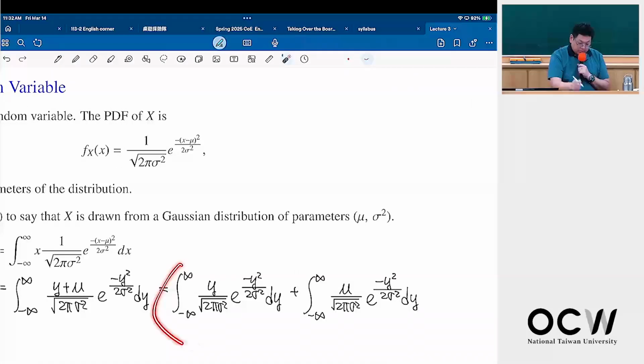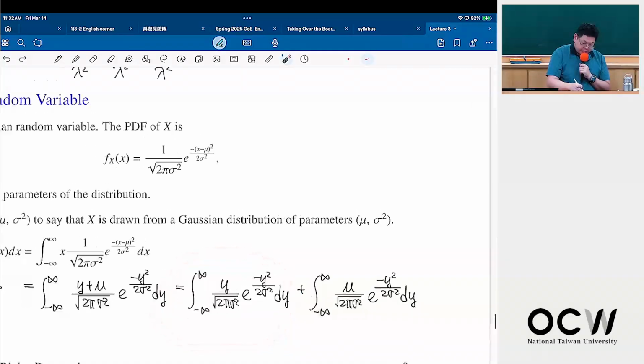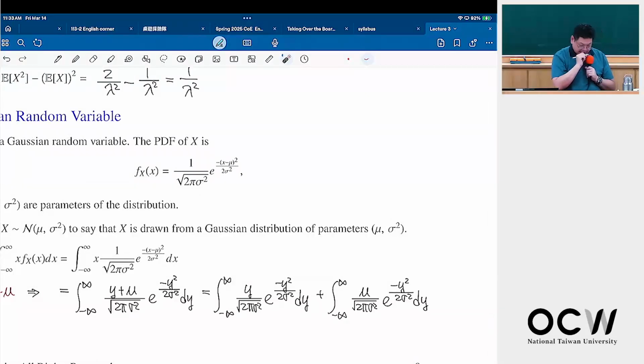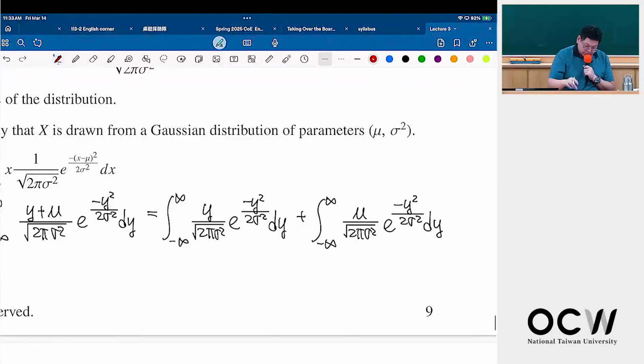So what is this integration? First, you can verify that this function is an odd function. And if this is an odd function, we do the integration from minus infinity to infinity, it goes to 0.